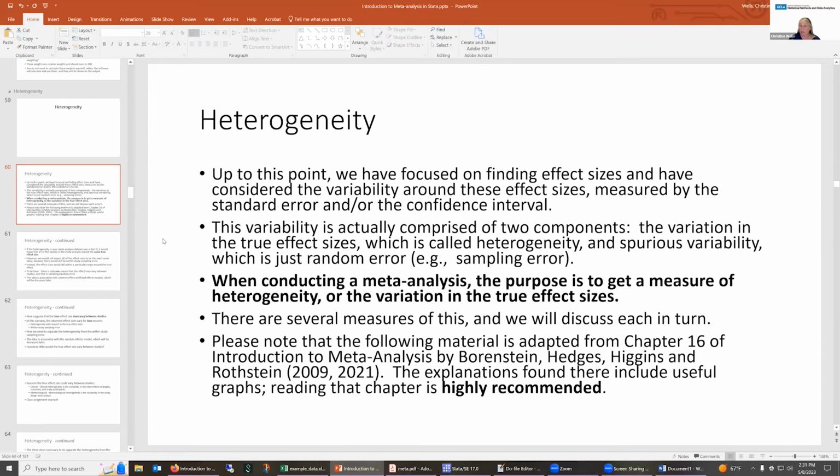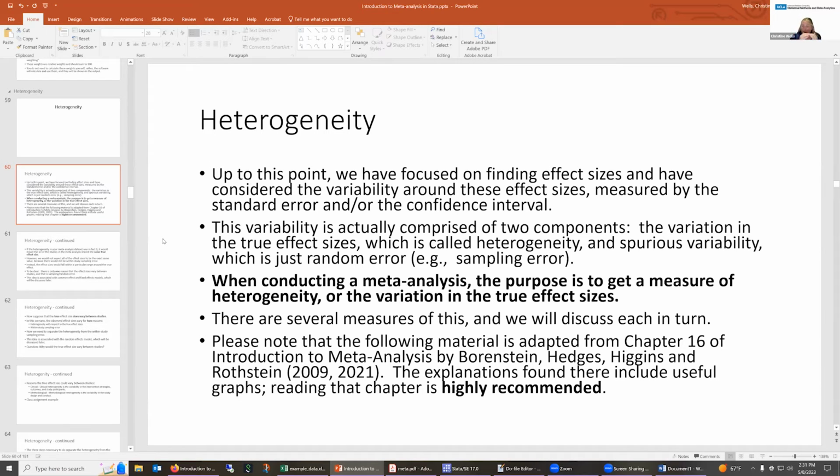This variability is actually comprised of two components. There's the variation in the true effect sizes, which is called heterogeneity. I wish they had called it something else, but they call it heterogeneity. And then there's the spurious variability, which is just random error, sampling error, whatever you want to call it.